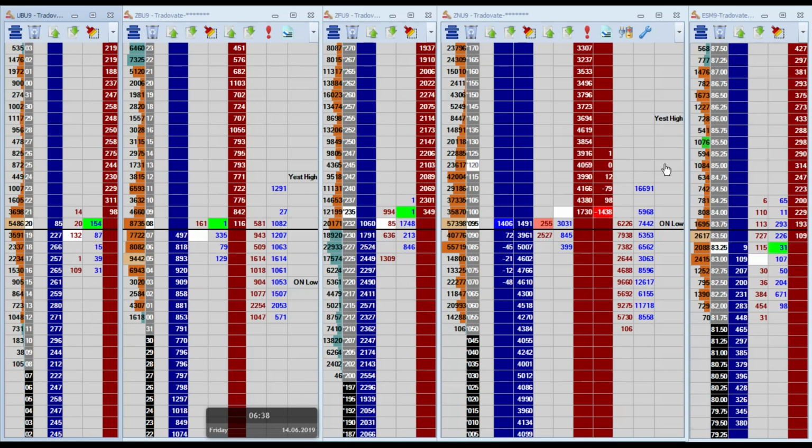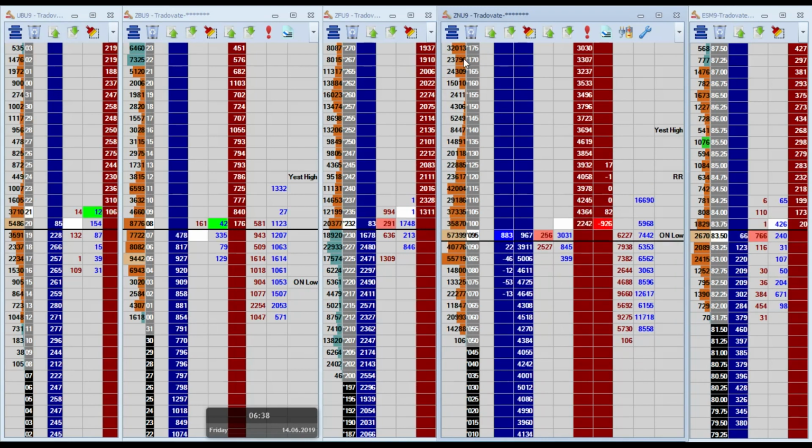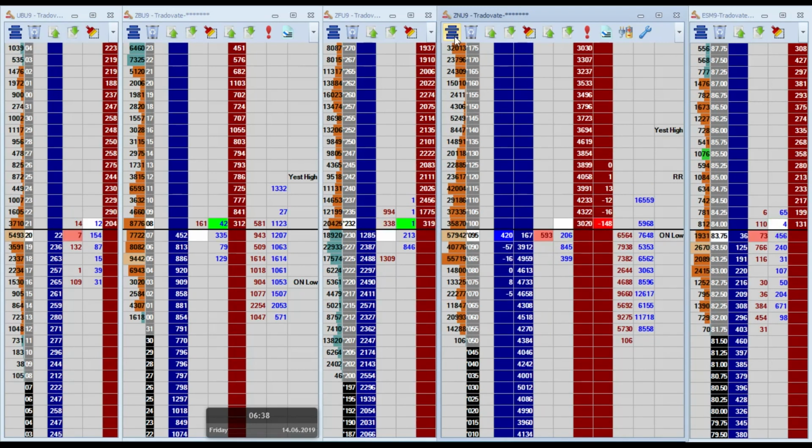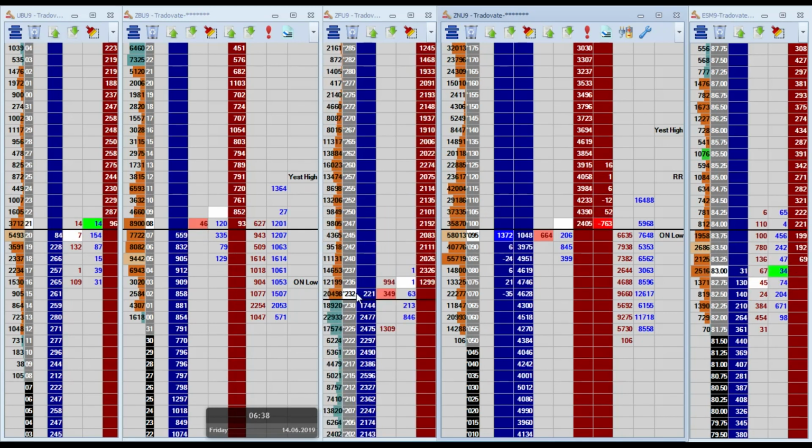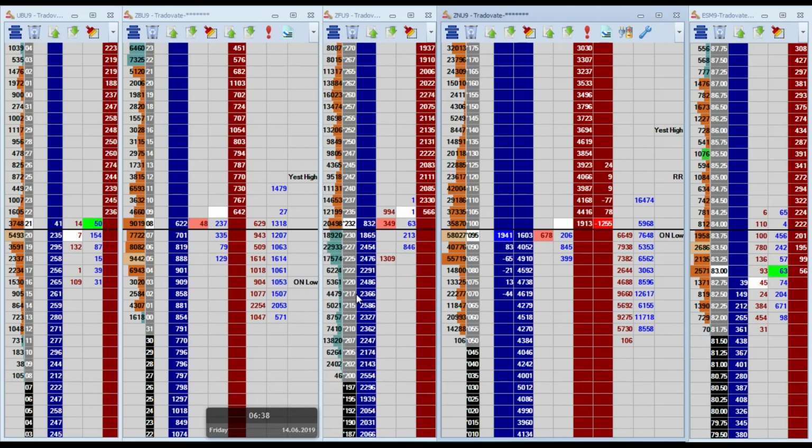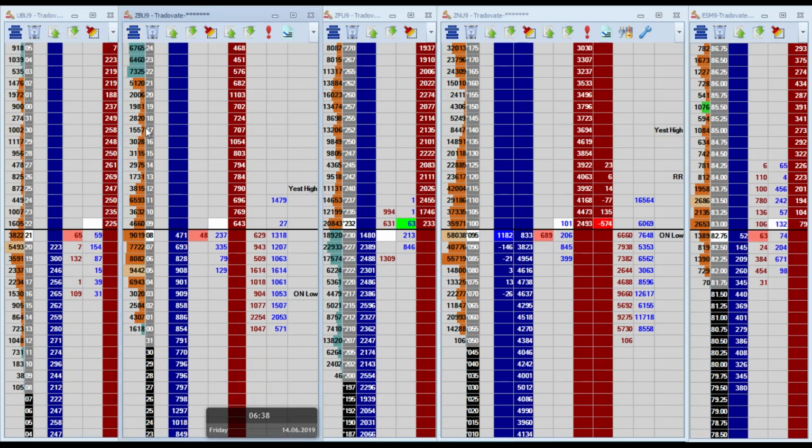That might act as a little bit of resistance, but it looks like the structure's kind of breaking down a little bit at this point. Everything just sort of sold down and then returned right back up to its point of control. So for the 5-year, it's got a ways to go. Ultra Bond's right back at its point of control, as is the 30-year. So we have a little bit of time, I think.